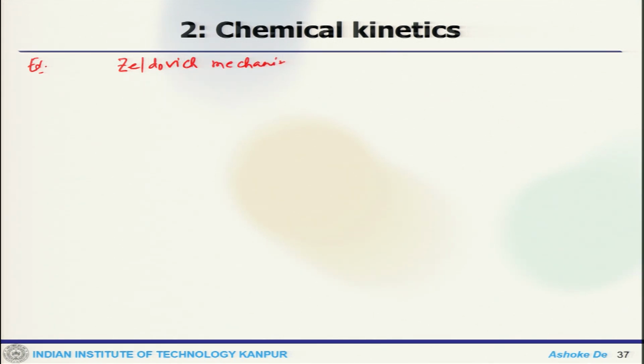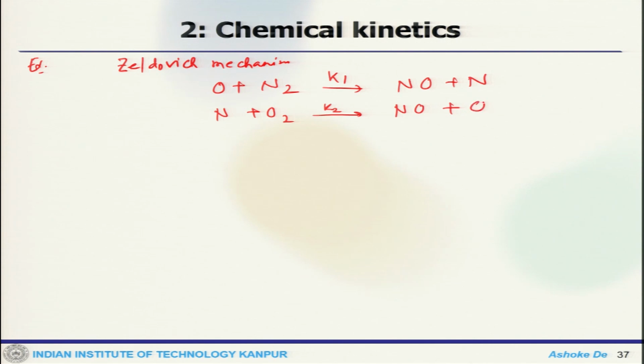For NO formation, you have O plus N2, in the first step forming NO plus N, and then N plus O2 forming NO plus O with K2. Here the first reaction is slow and rate limiting, while the second one is quite fast.